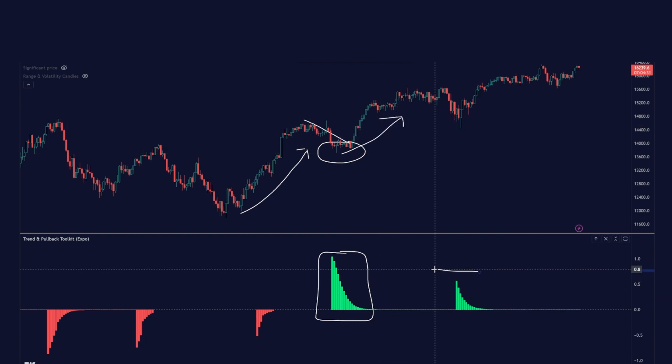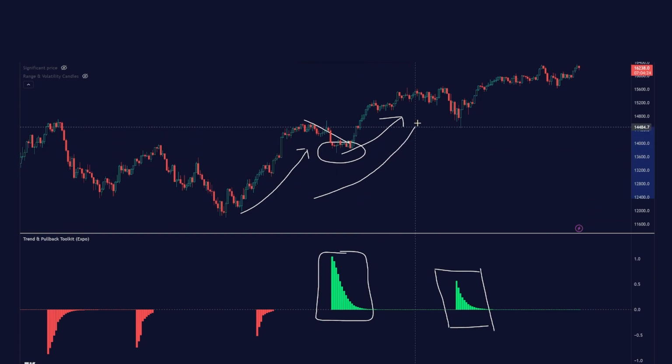And over here we have another green histogram indicating that the market has been bullish previously, and now this can be a sign of a pullback and the market should continue up, and we can enter long in this area.